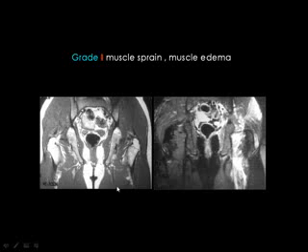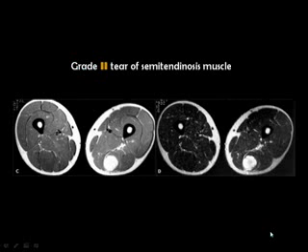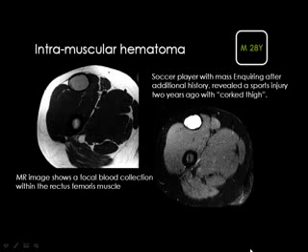Then if you look here, this is a stage 1 muscle edema. You see no abnormality in the T1 and high signal in the T2, denoting muscle edema grade 1. Muscle hematoma, grade 2 injury of the semitendinosus muscle, and another case of muscle hematoma, and you can see the high signal in the T1 and also the high signal in the T2.